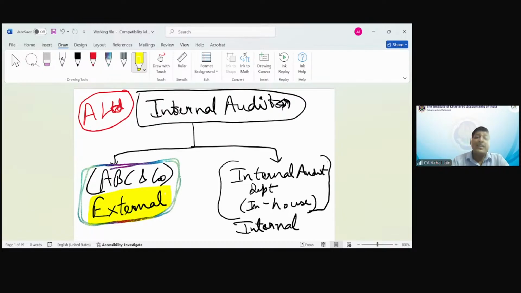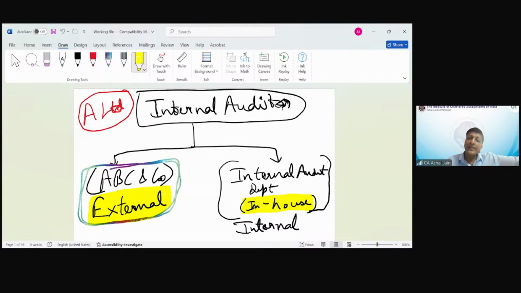But when it comes to something which is in-house, what will happen? Say you have appointed a person as internal auditor, so that person will be an employee of the company or not? Correct? So he may be working in an independent manner. He may not be reporting to the management.